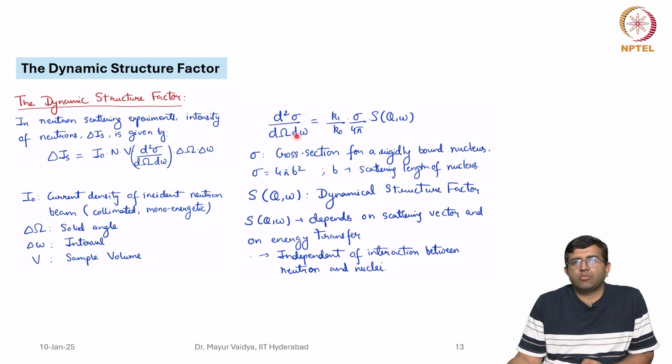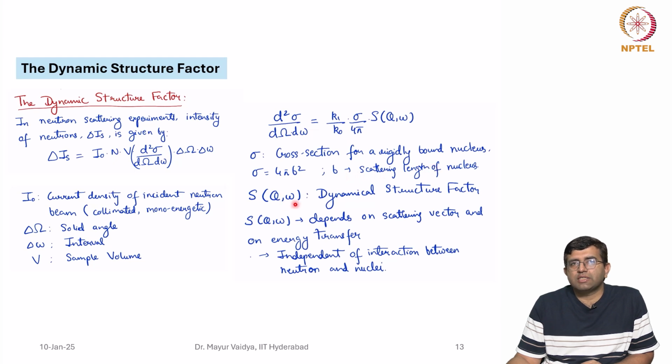Now, d square sigma by d Omega d omega is equal to k1 by k naught into sigma by 4 pi into S, which is a function of q and omega. Here sigma is called the cross section for a rigidly bound nucleus, and sigma is equal to 4 pi b square, where b is the scattering length of the nucleus.